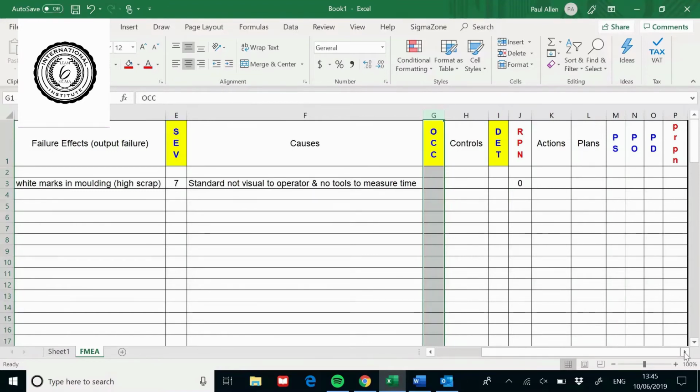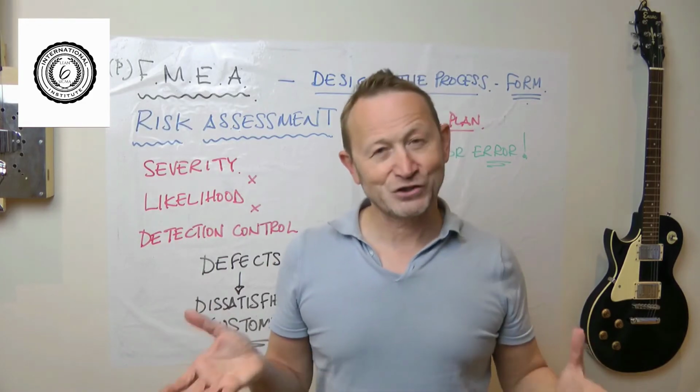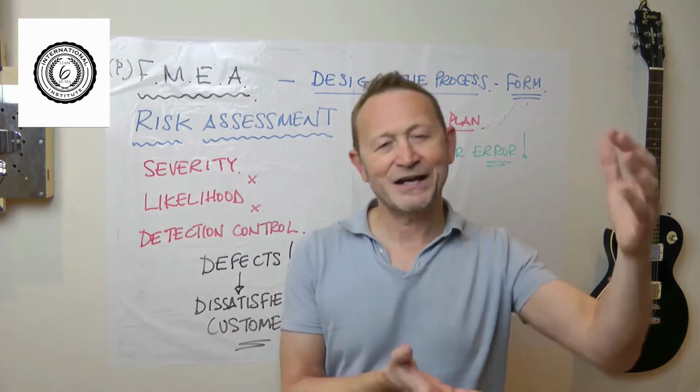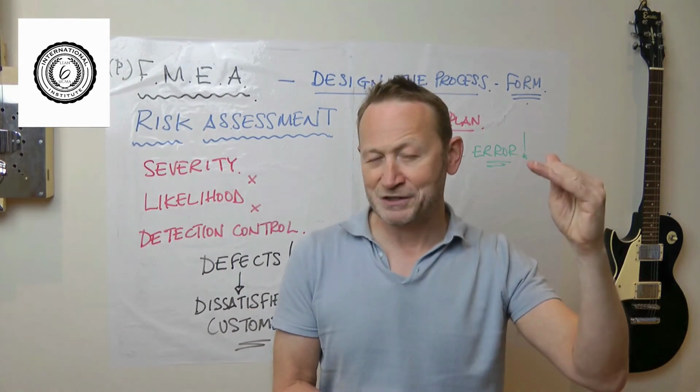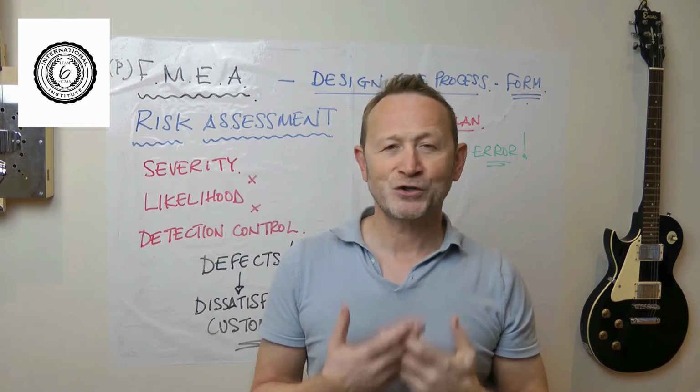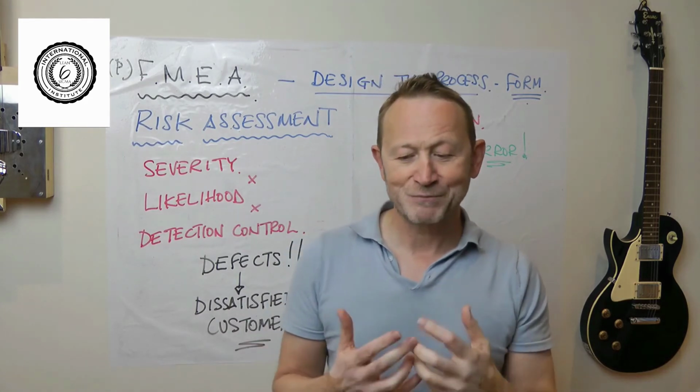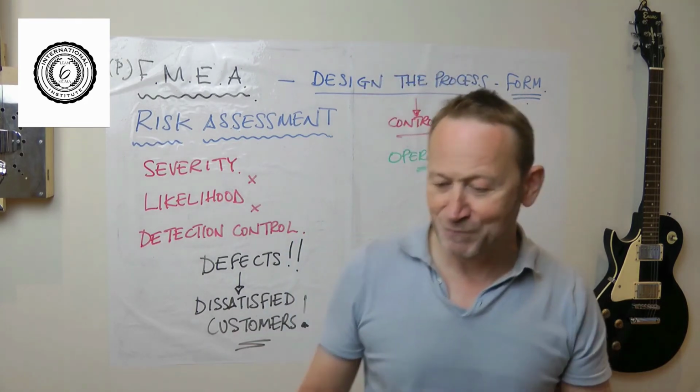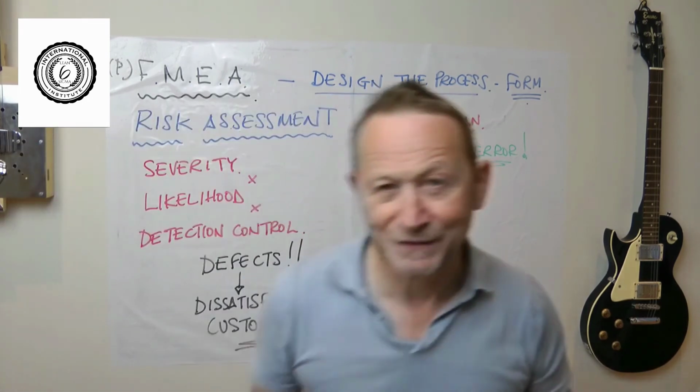How likely is this to happen? Now, the occurrence. Again, this has got a scale, and again, it's normally 1 to 10. But let me show you the one that I recommend in my book, Drink Tea and Read the Paper.